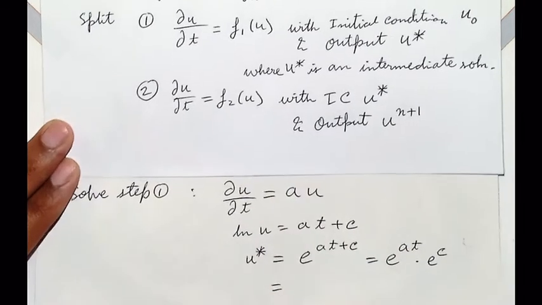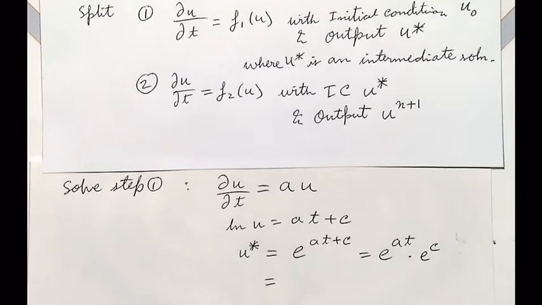Okay, what is the final u star value? Is anything confusing? Not confusing, right? Okay. So what should I write? u star equals u naught e to the at.